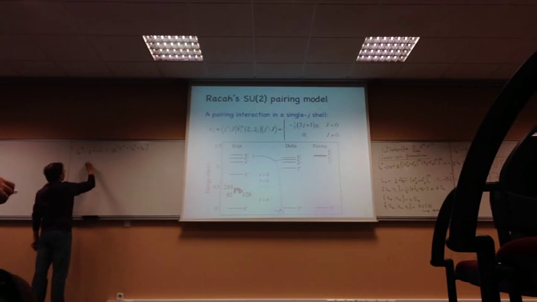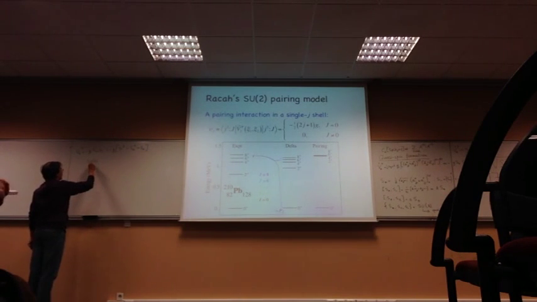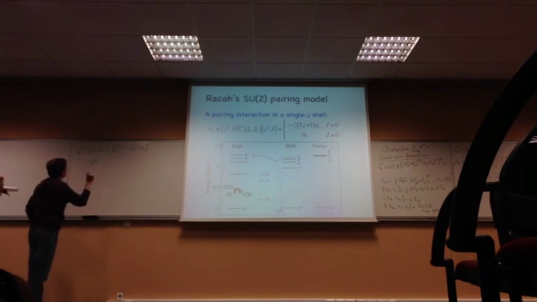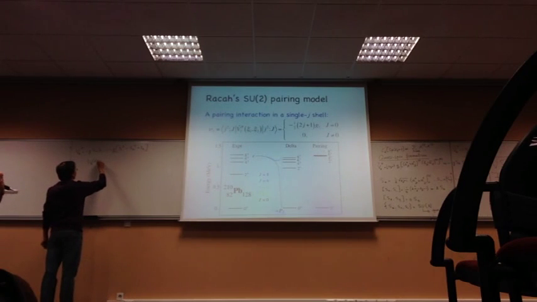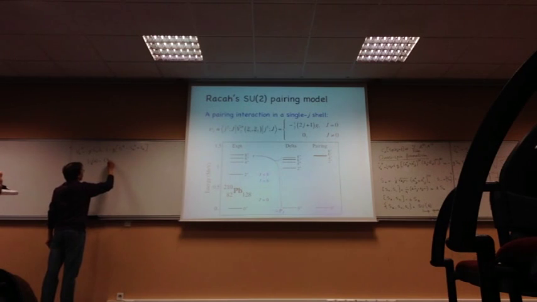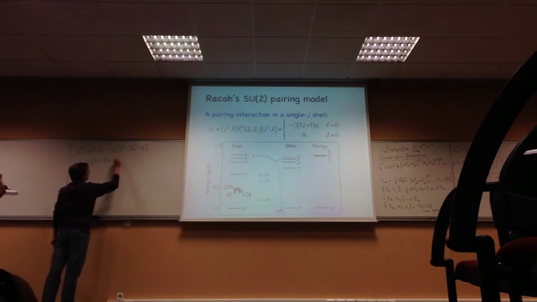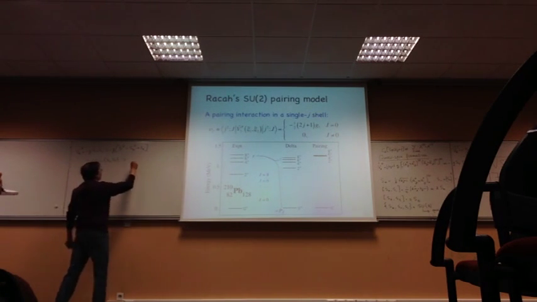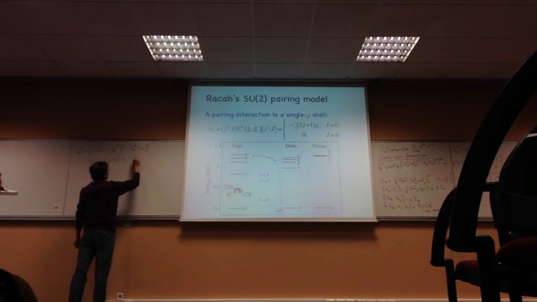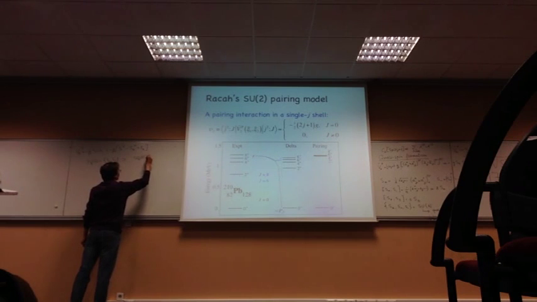So we have SU(2), the quasi-spin. This consisted of SZ, S plus, S minus, and we reduce it to SO(2), which is just SZ.